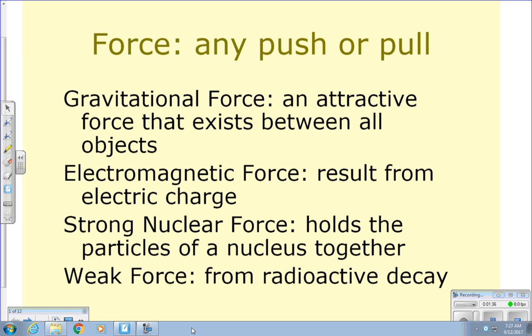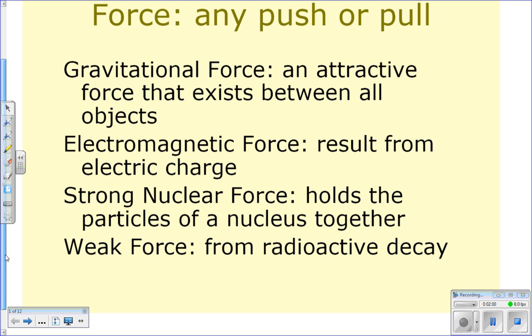So why don't we feel those gravitational forces? It's because the gravitational force that's between you and the Earth is so much larger because the Earth has an extremely large mass. So the gravitational force between you and the Earth is so much larger that you don't feel the other gravitational forces that exist between you and the other objects around you.